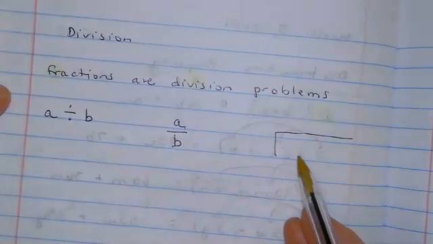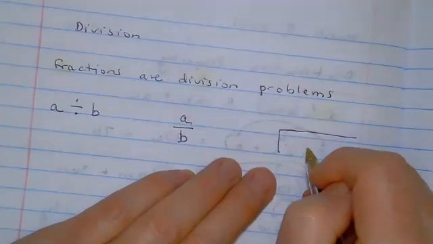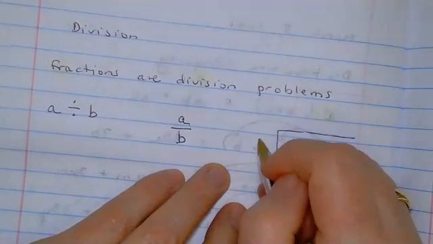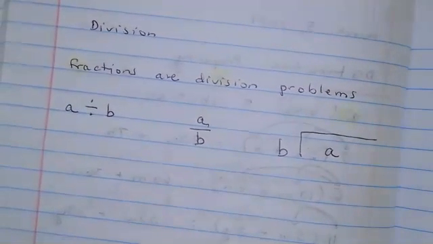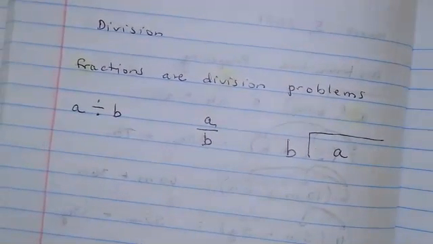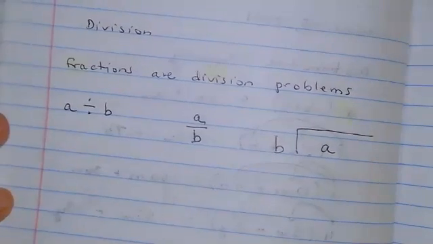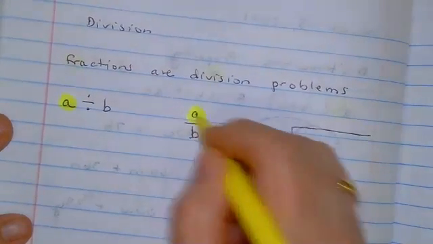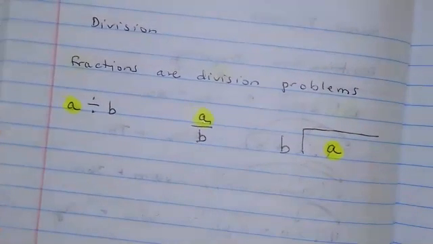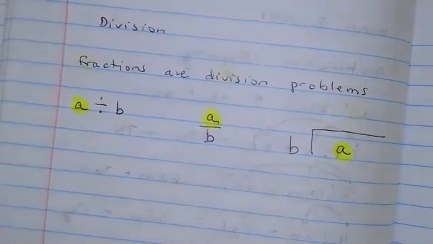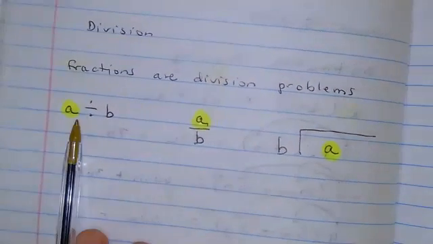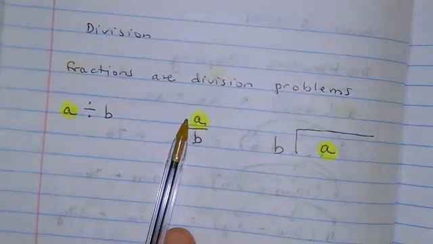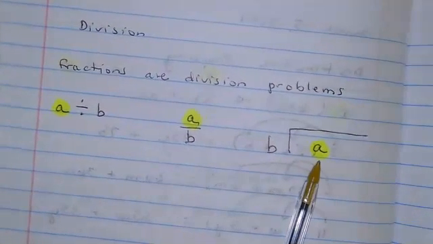Well, when you get over here, the first number has to go inside the division bracket, and the second number goes on the outside. So let me show you the pattern. You want to get your highlighter, because the pattern is to make sure you know where in the division problem that first number belongs. Okay? The first number is before the division sign. It's always in the numerator, and it's inside the bracket.